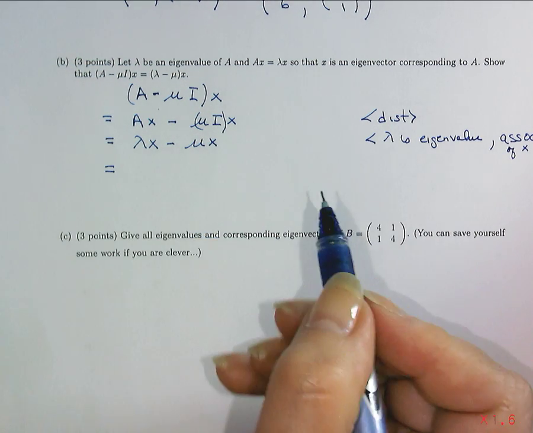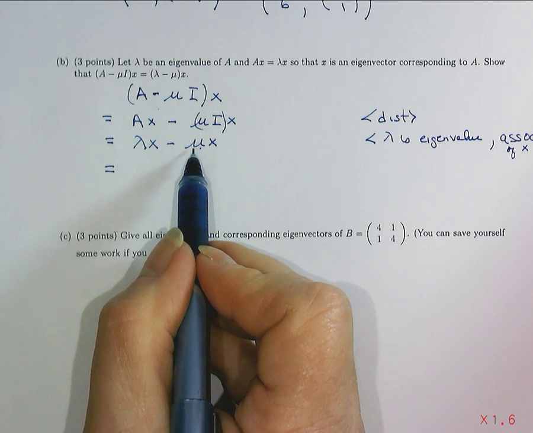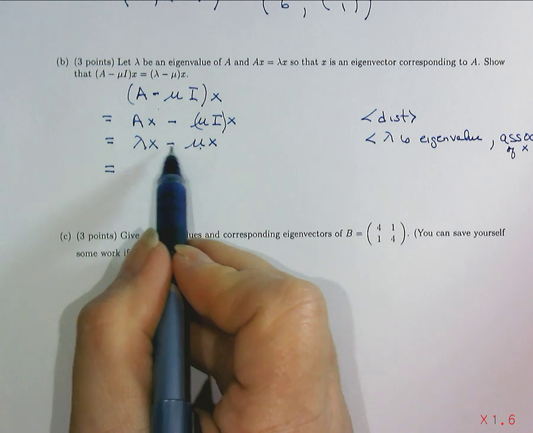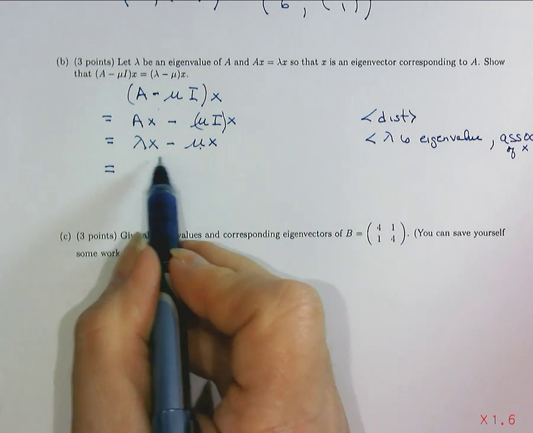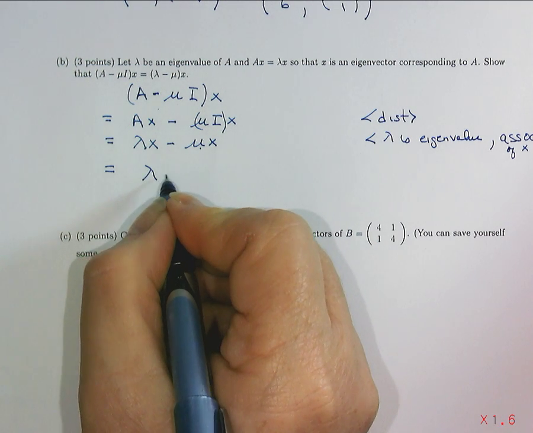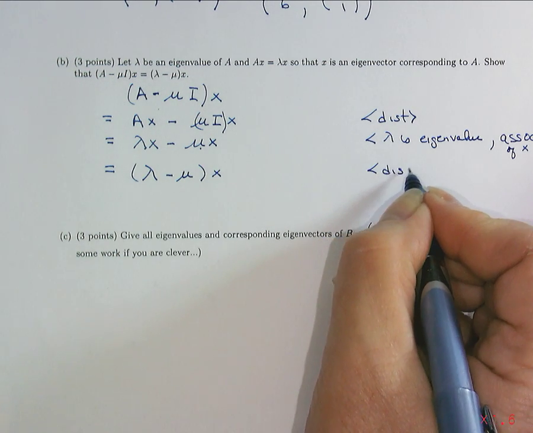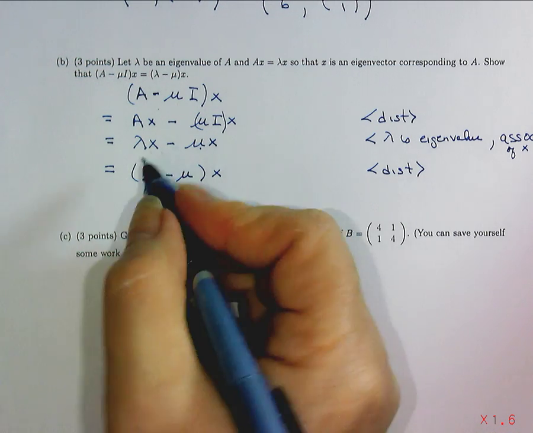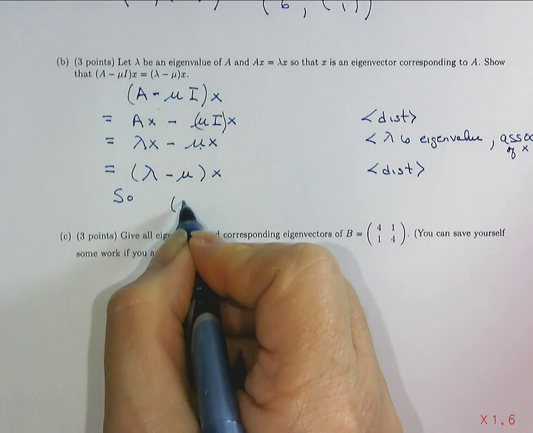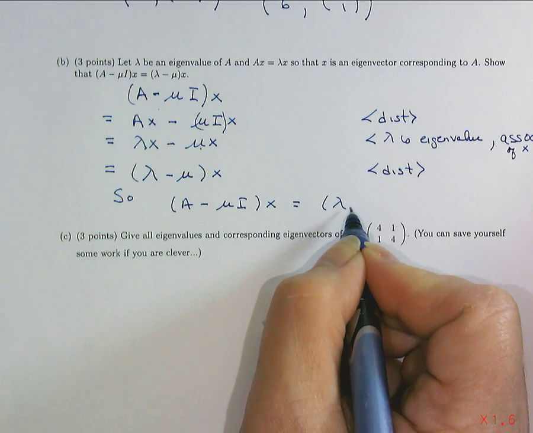But we also know that scalar multiplication distributes, and so this is equal to lambda minus mu times x by the distributivity of scalar multiplication, and that is exactly what we wanted to show. So it is the case that A minus mu times the identity times x is equal to lambda minus mu times x.